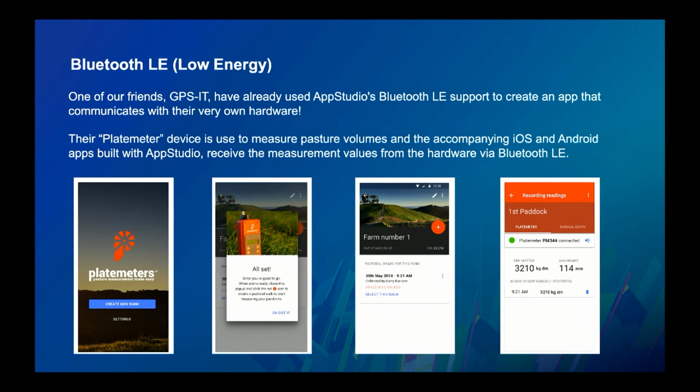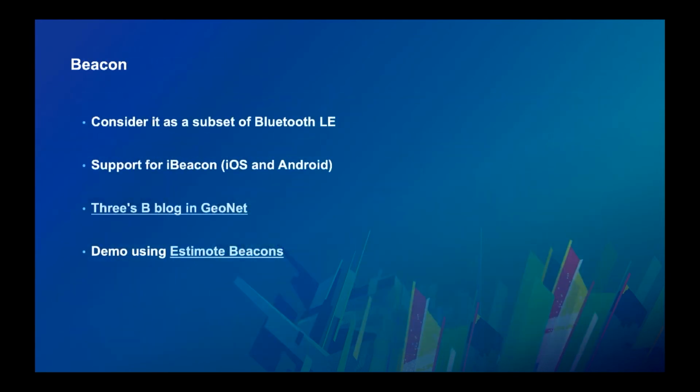How about beacons? Have any of you heard about the technology called beacons? One guy. Yeah, it is basically a subset of Bluetooth LE. The beacon communication that we support is iBeacon. There is a blog about this, and I'm going to demo using the Estimote beacon.